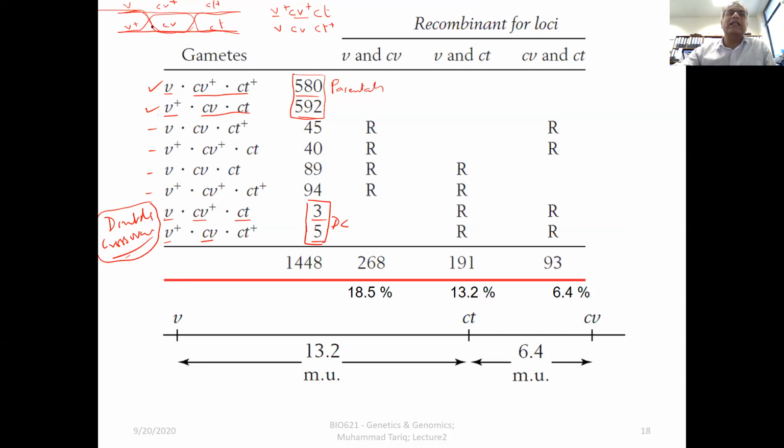The other possibility is we assume now, for example, vermilion, cut in the middle, cross veinless out. Parentals were vermilion, cut plus, cross veinless plus, and vermilion plus. The other parent was vermilion plus, cross veinless, and cut mutant. Now, if we make the double crossover, it will be vermilion, cross veinless minus, and CV plus.